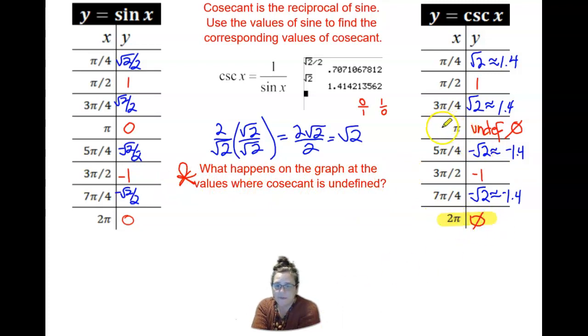So at 2 pi and at pi. And since it's a cyclic function, it's going to repeat that pattern. So 3 pi, 4 pi, 5 pi are all going to have an undefined cosecant. And places where the graph is undefined, those are represented by asymptotes. So we're going to find vertical asymptotes on the graph at intervals of pi plus or minus k pi.